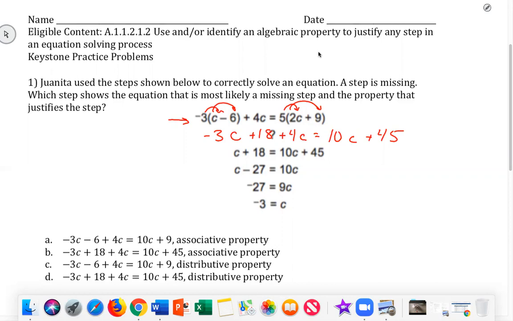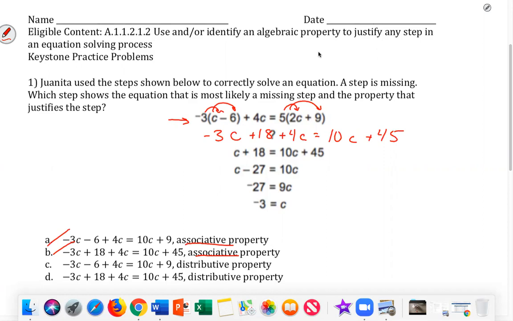So now that I look at my answers, Delaney said a couple of great things. She said distribute, and I would agree with her. So that means the answer is not A or B because they say associative property. Just because she said the word distribute means C or D. All right, let's look at the two steps.